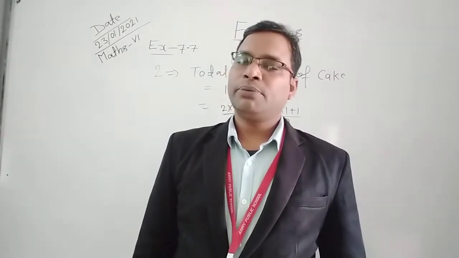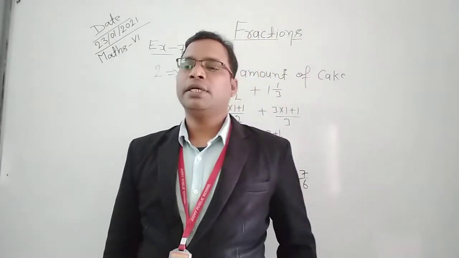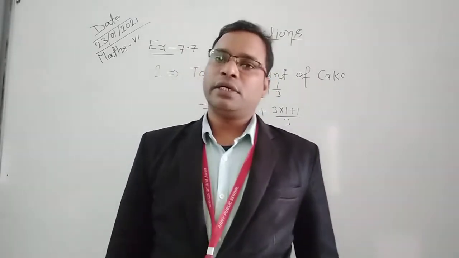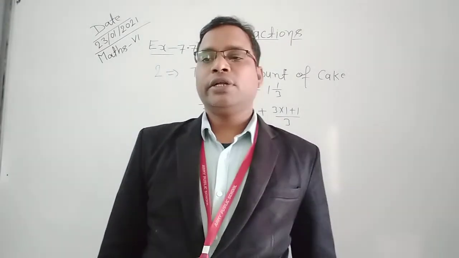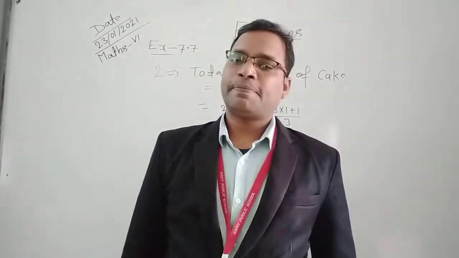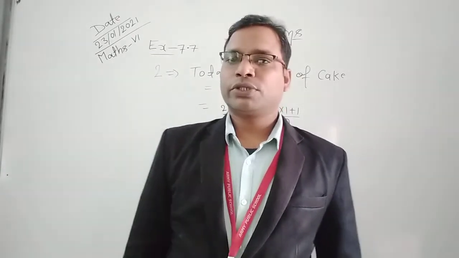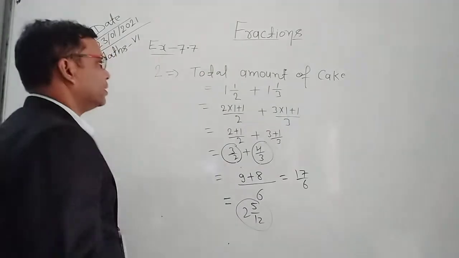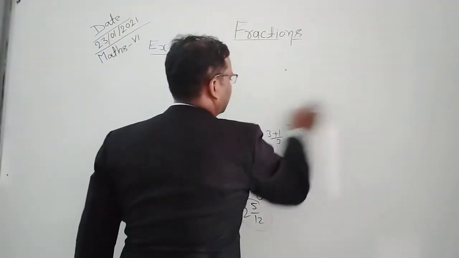So for money left, first we add the money spent on food and the money spent on other needs. After that we subtract it from the money earned, then we get the money left with him. Okay. So let's see how to solve this question. First we erase this. After this we solve question number 3.